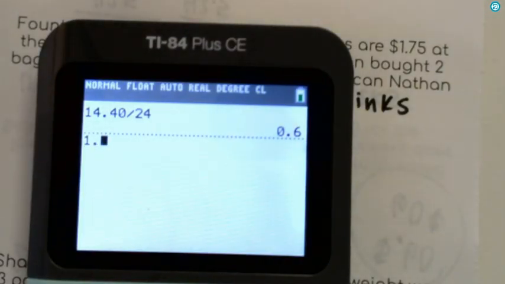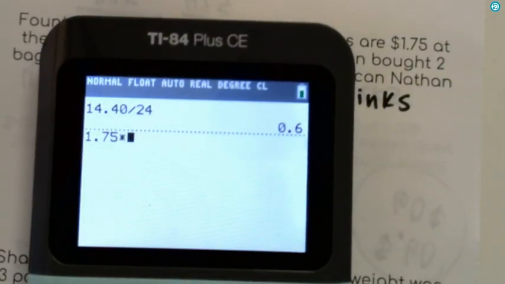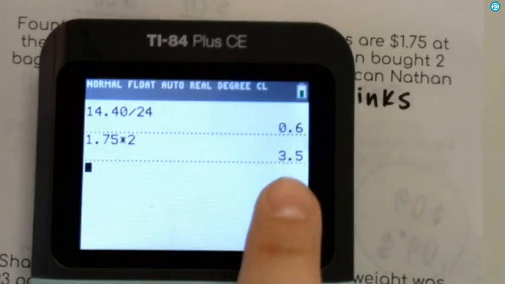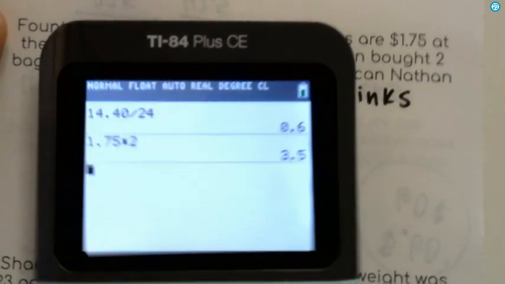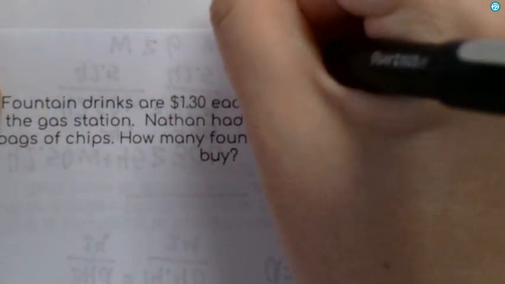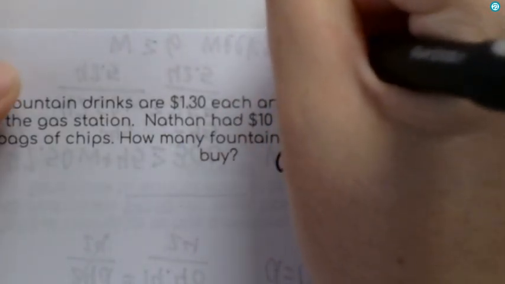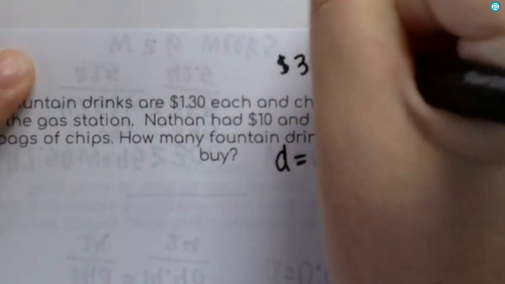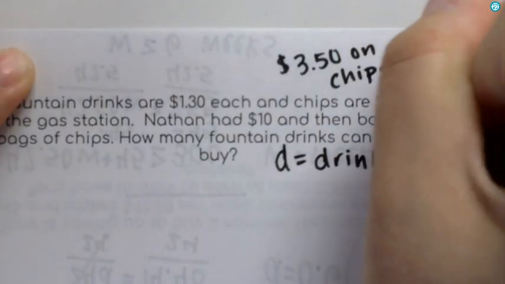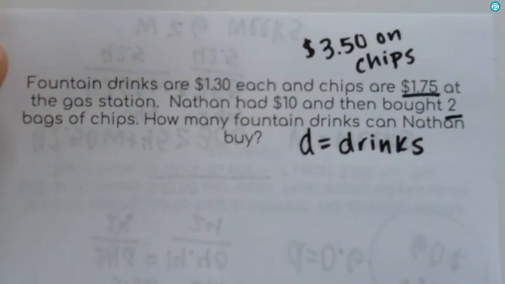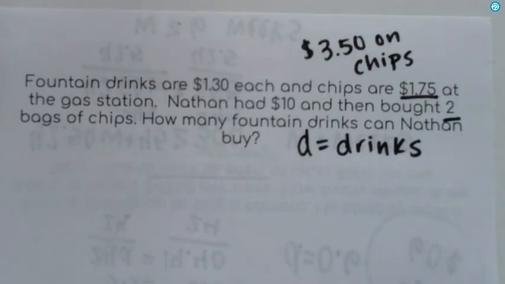So he bought 2 bags of chips for $1.75, so he spent $3.50 on chips. So I'm going to put a little note to myself up here that says $3.50 on chips. He spent that $1.75, but he bought 2 bags. So you guys got to pay really close attention for stuff like that. There's a problem on here where it says she buys 4 burgers and they're $5 each. We got to say, oh, that means she spent $20 on burgers.